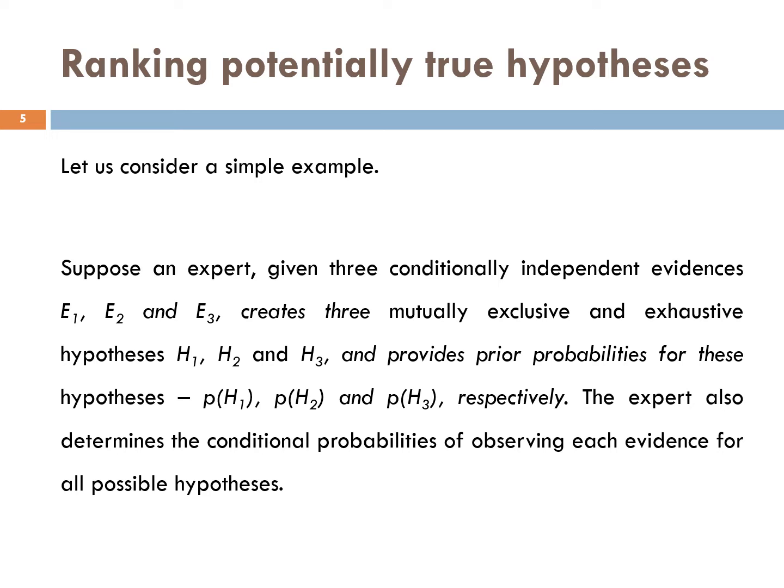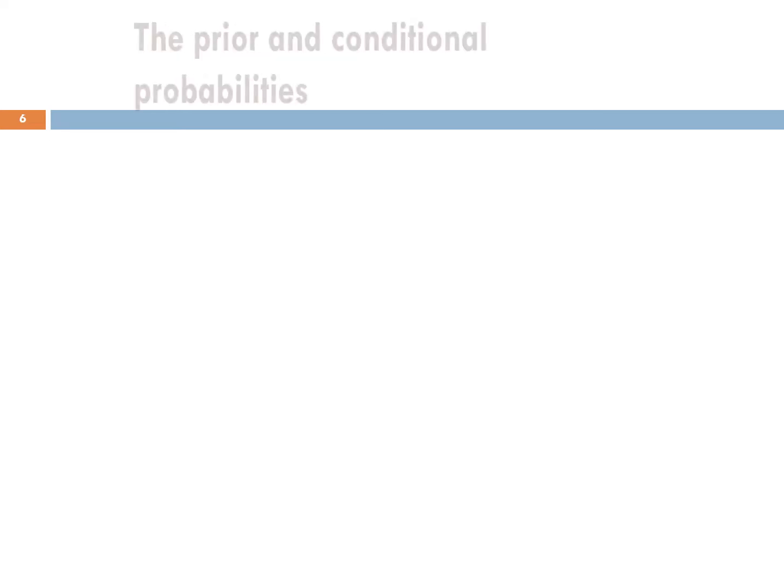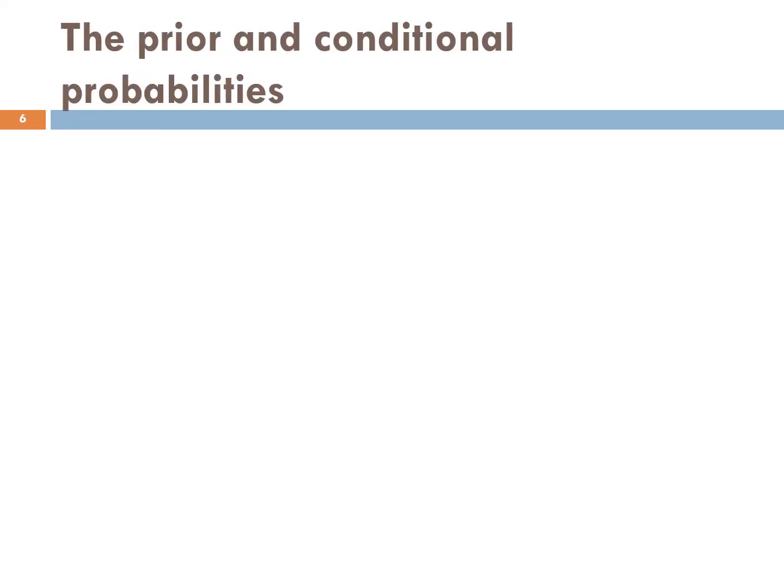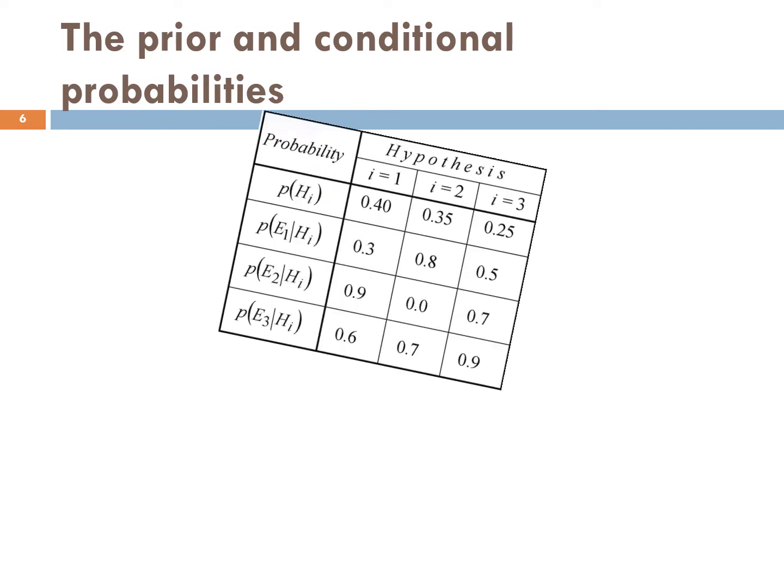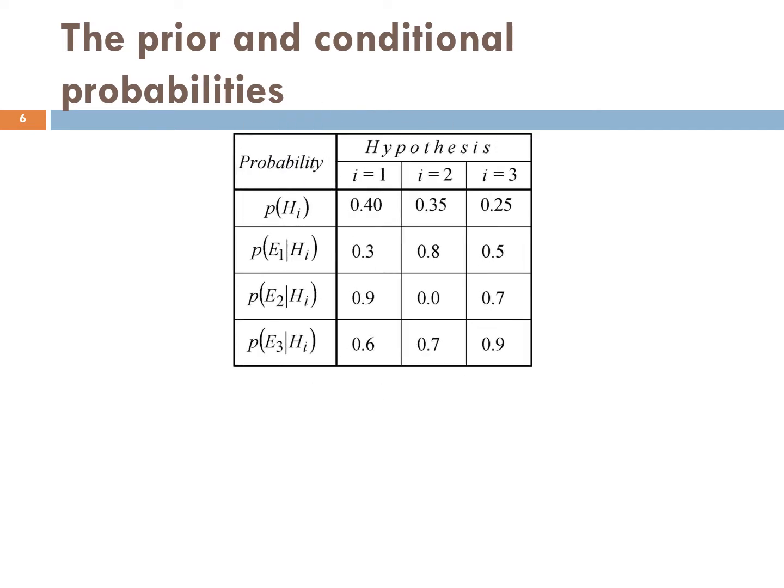Observe evidence two, and then what is the probability that we get each hypothesis? Probability of hypothesis one, hypothesis two, hypothesis three. So this is given by the expert.